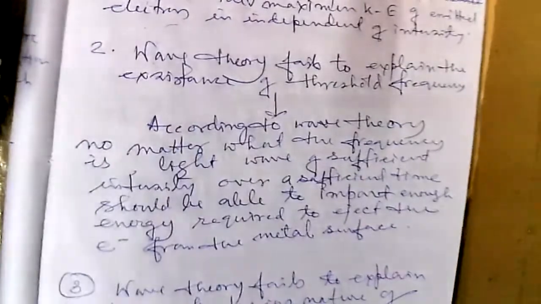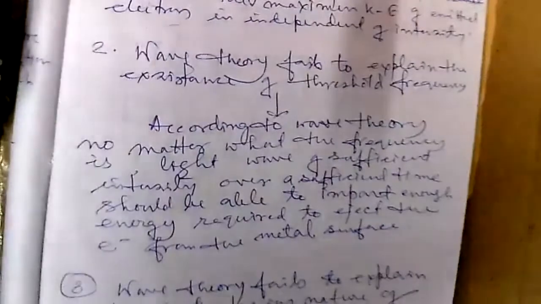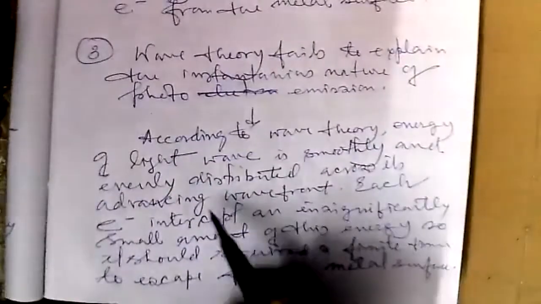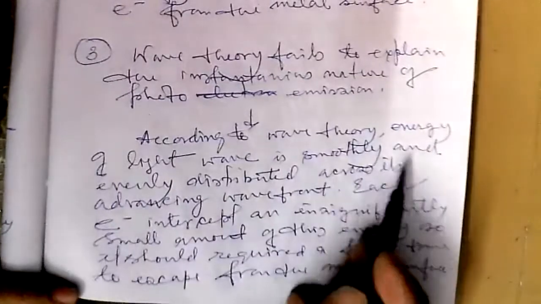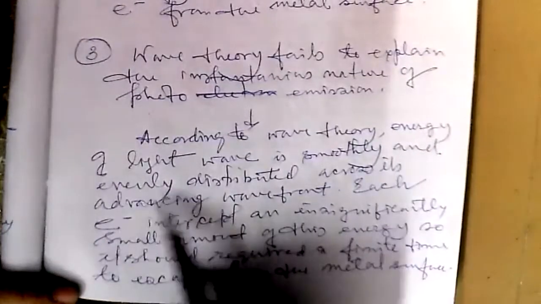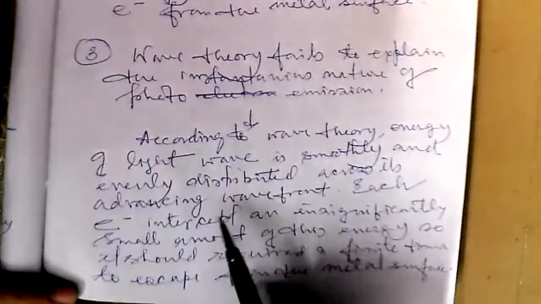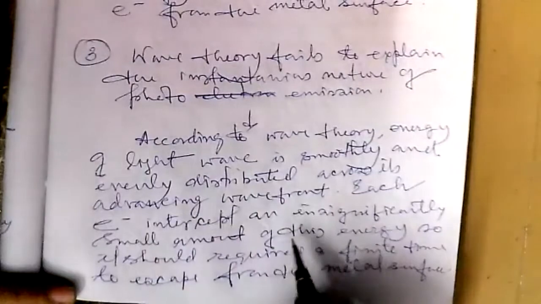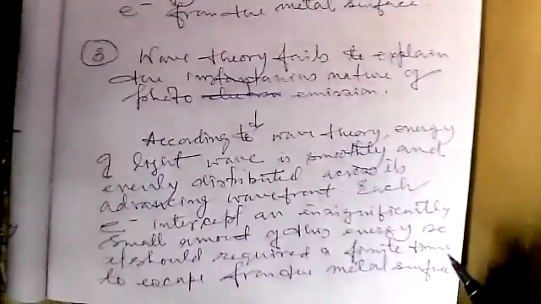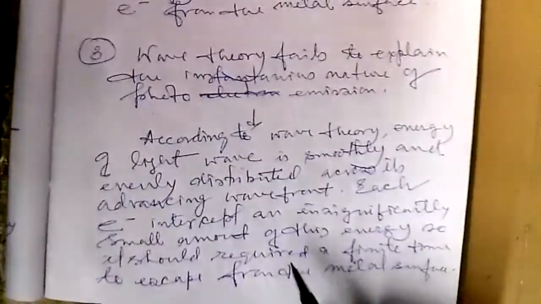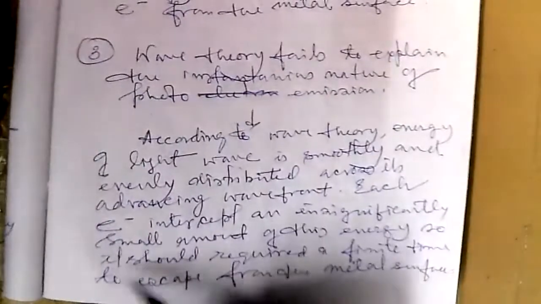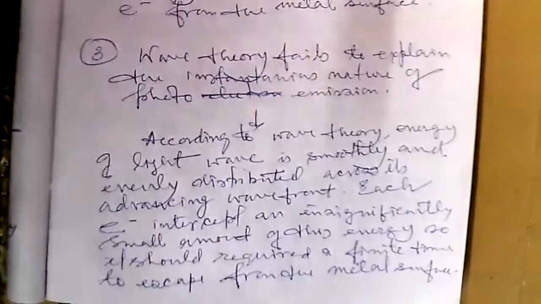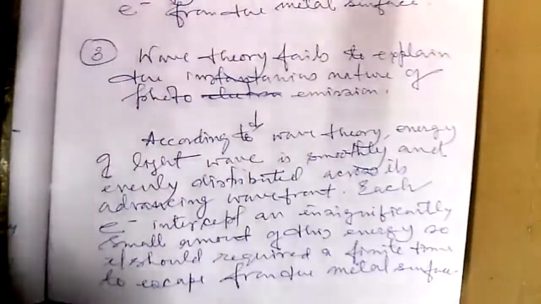According to wave theory, the energy distribution of a wave is smooth and continuous, and evenly distributed across the advancing wavefront. Each electron can absorb only an insignificantly small amount of that energy, so it should require a finite time to escape from the metal surface.